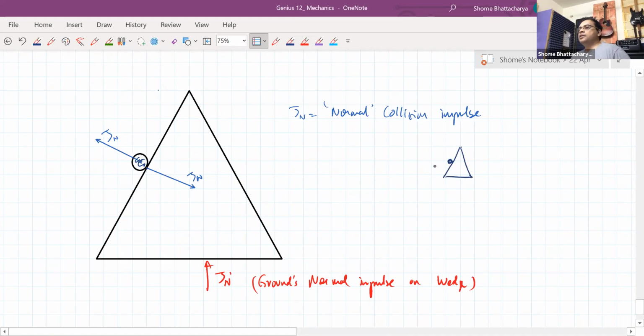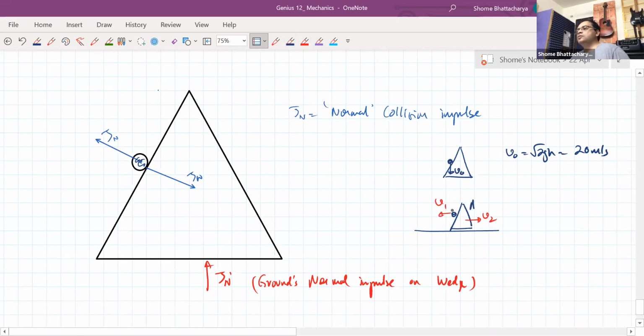Just before impact, this had a downward velocity, let's say V0, and that V0 was root 2 gh, which was our favorite value of 20. And just after impact, this guy has a horizontal velocity, let's say V1, and this guy has a horizontal velocity V2.